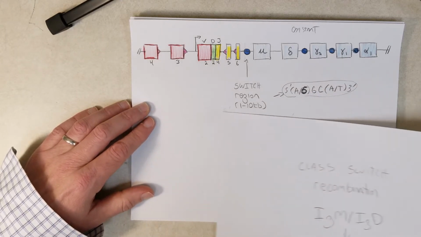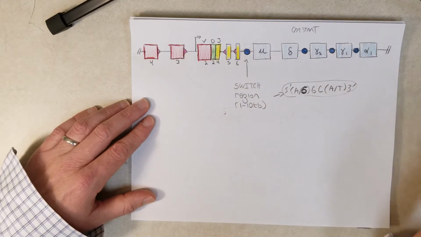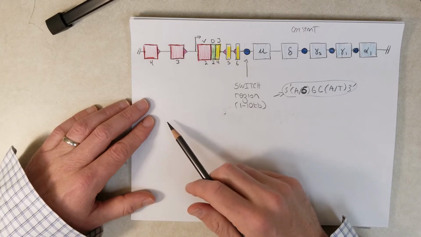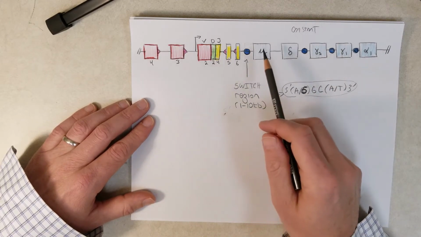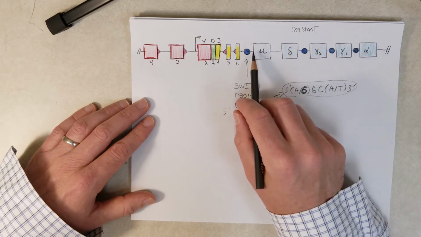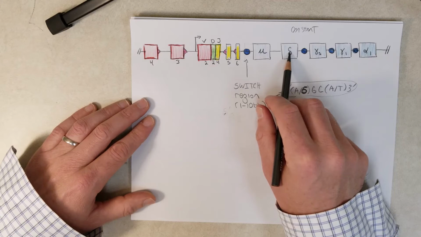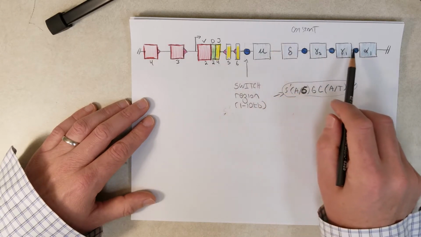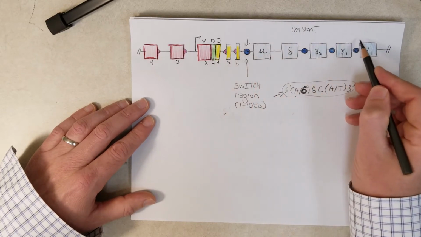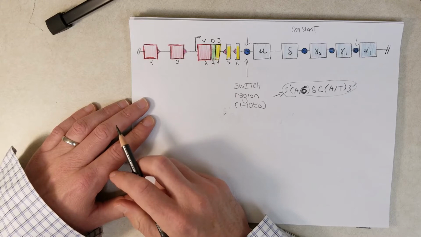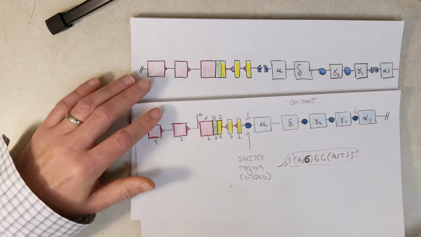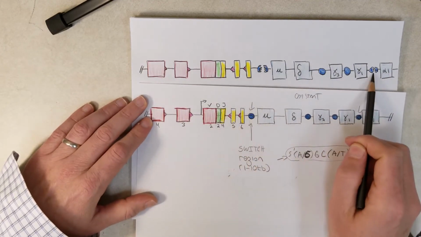So how does this mechanism work? Let's say the cell, for some reason, receives some signals and it's being induced to switch from the IgM, IgD isotypes, right here, a cell that produces IgM and IgD isotypes, to one that produces, say, Ig alpha 1. So what will happen is these switch regions here will be broken. So double strand breaks will be placed in these two switch regions. So it's going to look something like this.